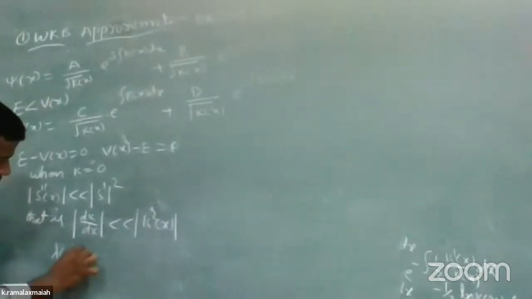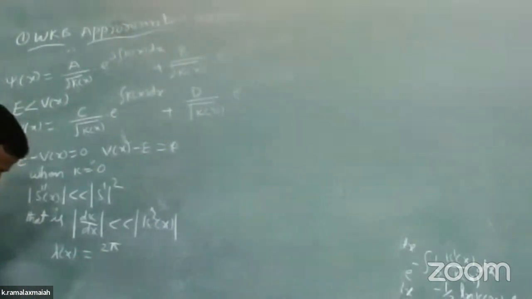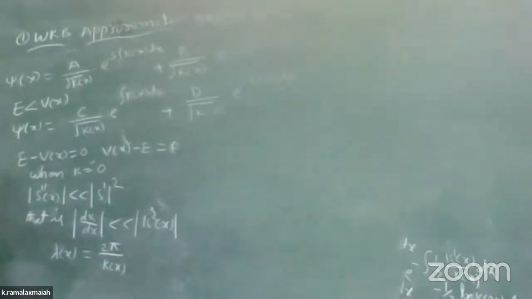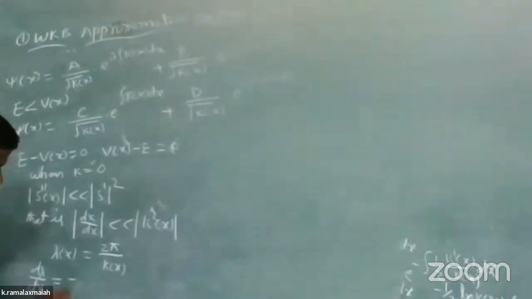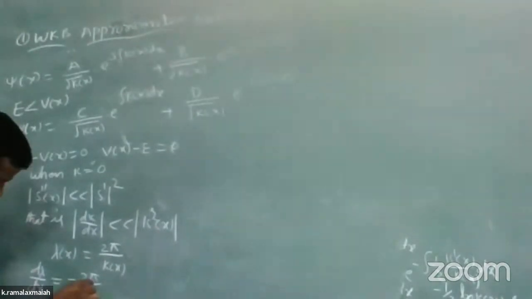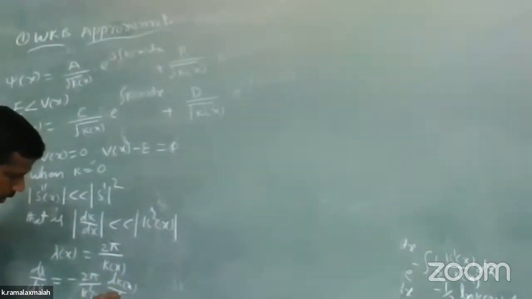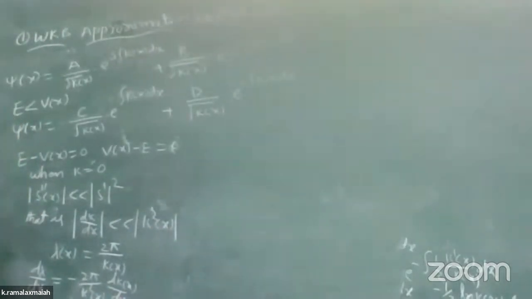Lambda of x is equal to 2 pi by k of x. That value simplifies d lambda by dx, and d lambda by dx is equal to minus 2 pi by k square of x, dk of x by dx.